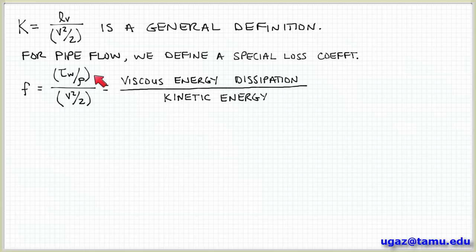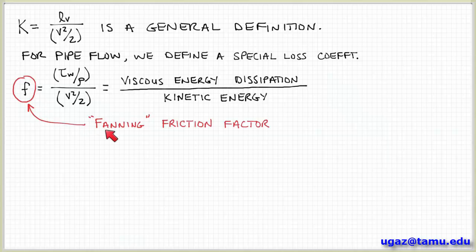So it's customary just to break out this wall drag component and express that relative to the average kinetic energy of the flow. So this quantity, tau wall over rho over v squared over 2, is a specific representation of the viscous energy dissipation relative to the kinetic energy of the flow for pipe flow problems. And this parameter is given a special symbol, lowercase f, and it's called the fanning friction factor.